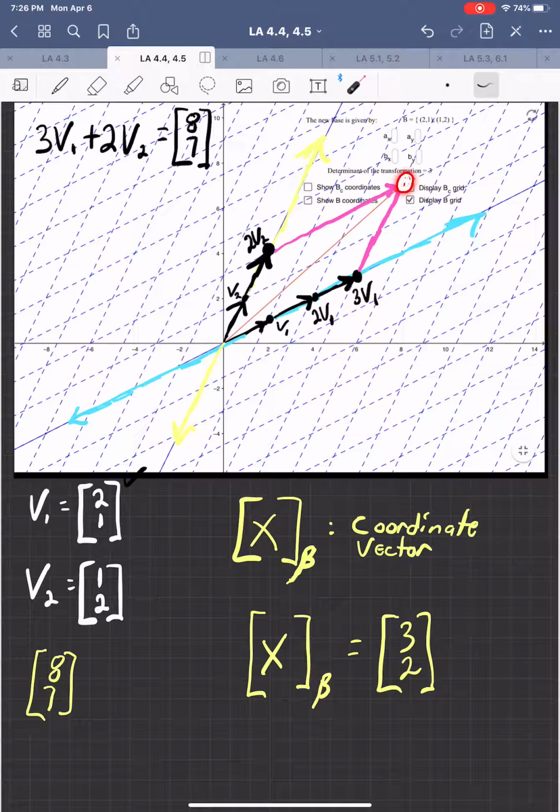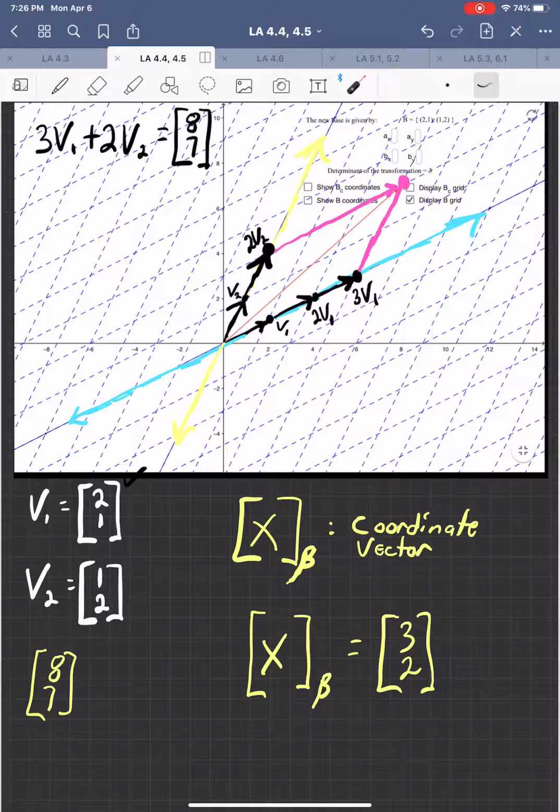This point right here is the point 8, 7 if you're using that standard basis 0, 1, 1, 0. But this point right here is also 3, 2 in this new basis coordinate system. So that's the idea. That's the main takeaway.